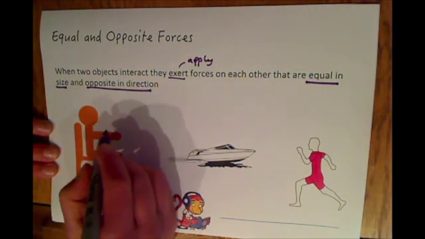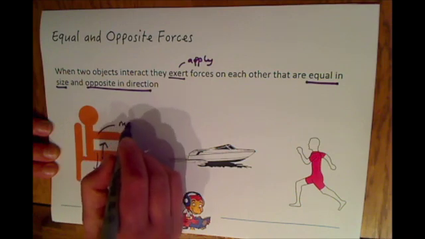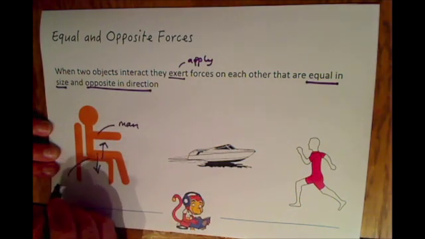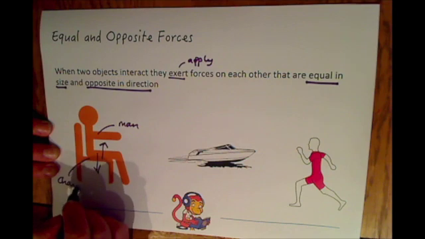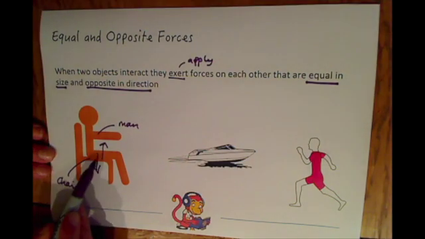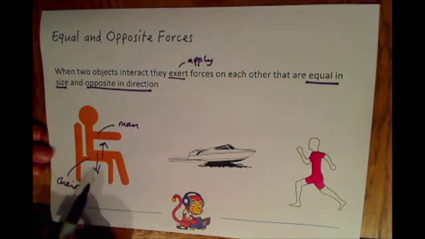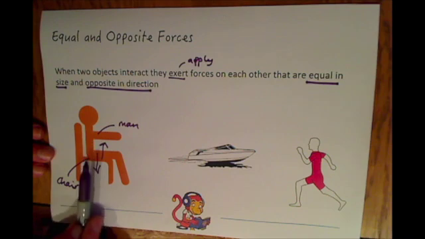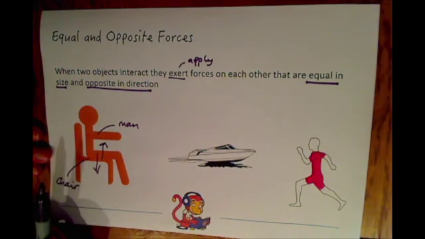So this time our two objects are the man and the chair, and they are exerting forces on each other that are equal in size and opposite in direction. That explains why the man is not falling through the chair. The chair is also pushing up and exerting a force on him as well.